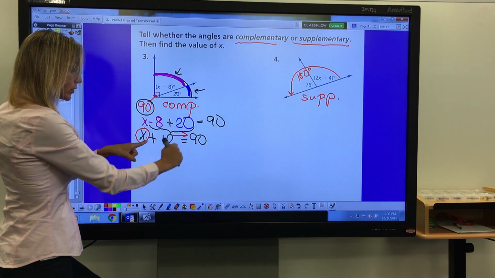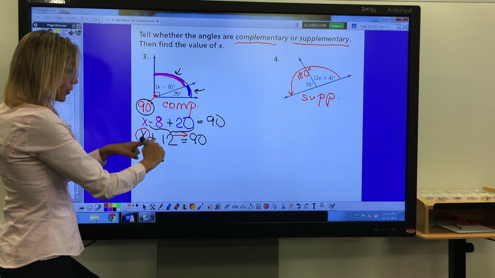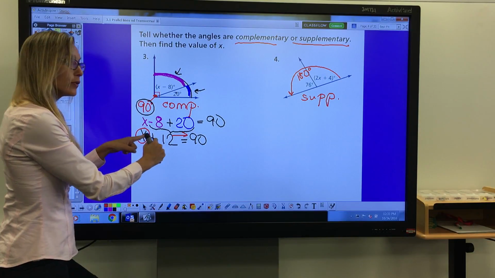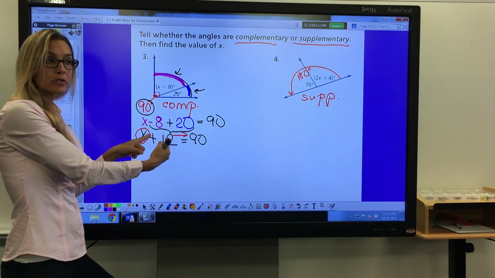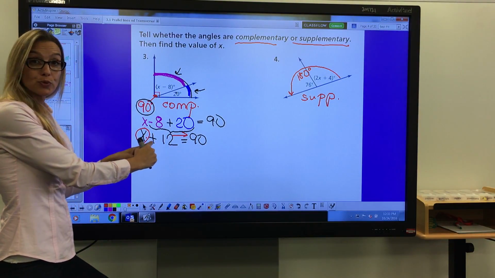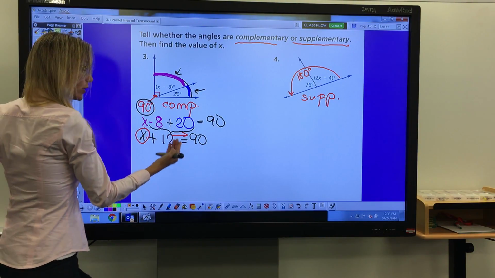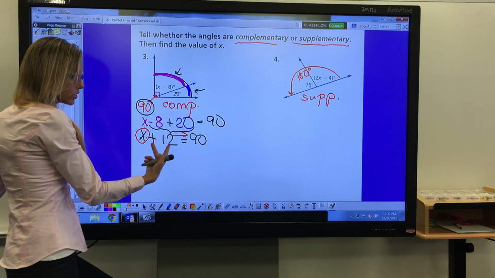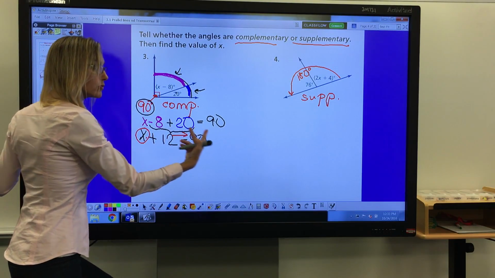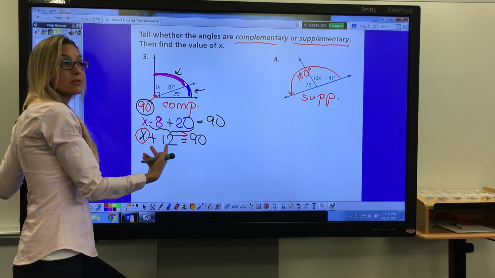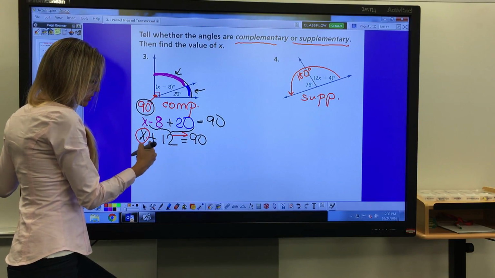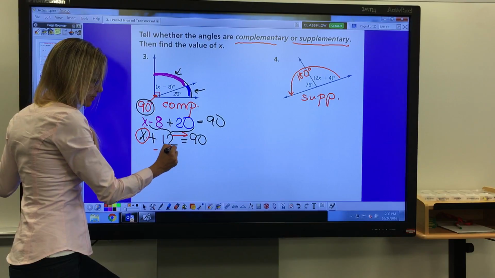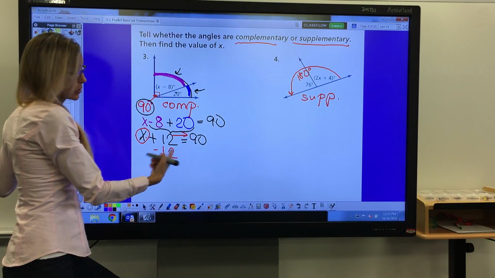So to make this 0, to make it be gone, how do I get rid of positive 12? I have to subtract it, right? The inverse operation of addition is subtraction. Or you can look at it this way. When I'm switching sides, from left to right or from right to left, I have to switch the sign. So the opposite of plus is minus. So I have to subtract 12.